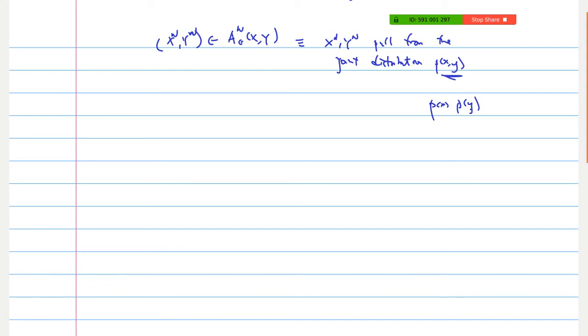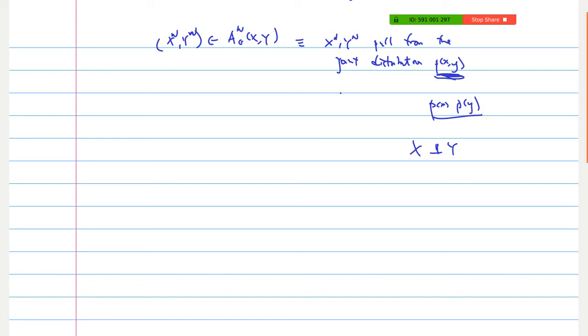If you pick p(x,y) as p(x)p(y), then x will be independent of y, right? Yeah, that's right. Now you say x^n and y^n are pulled from the joint distribution p(x,y). That joint distribution is actually an independent distribution, then in that case x^n and y^n are not correlated, really. Yes, that's right. So be very careful.